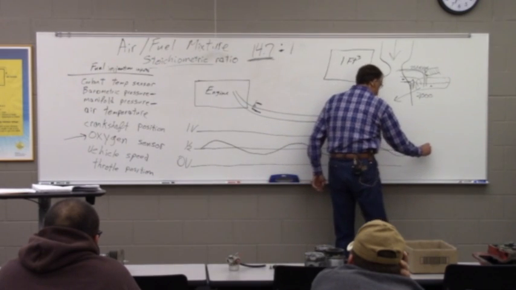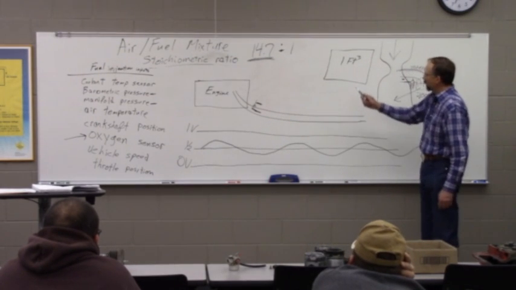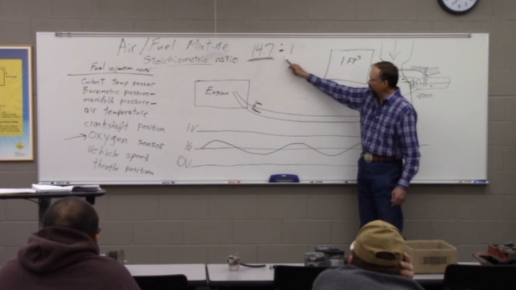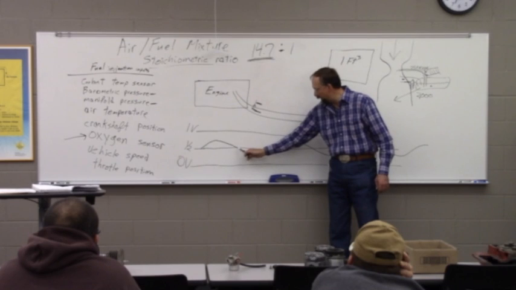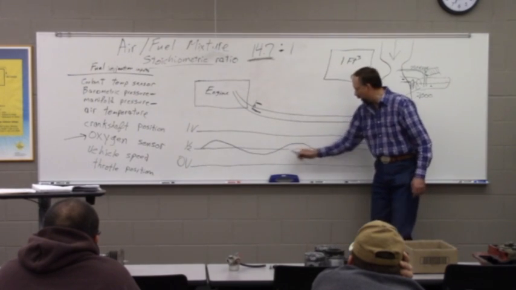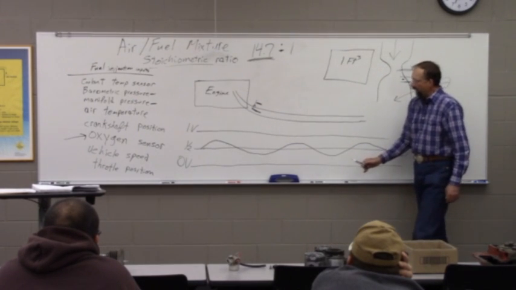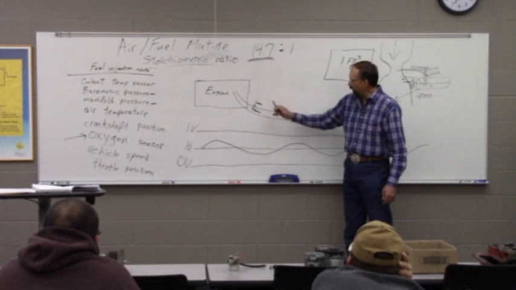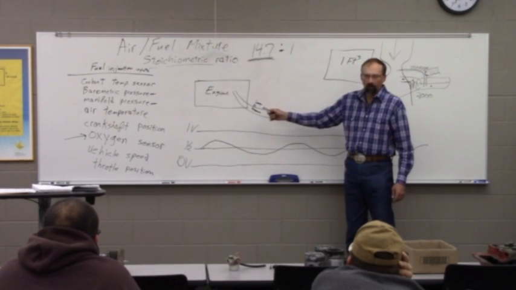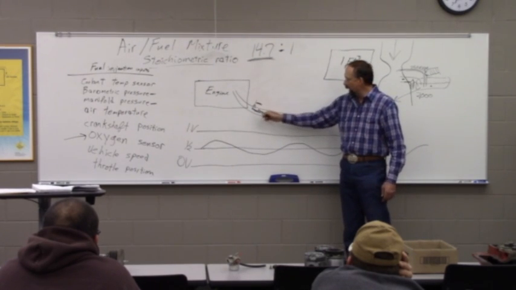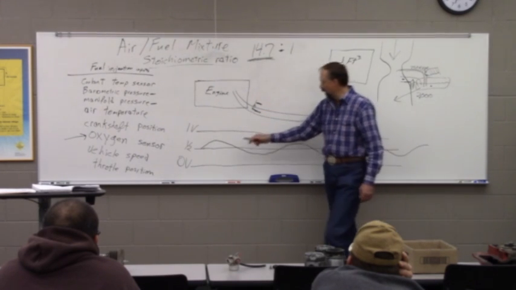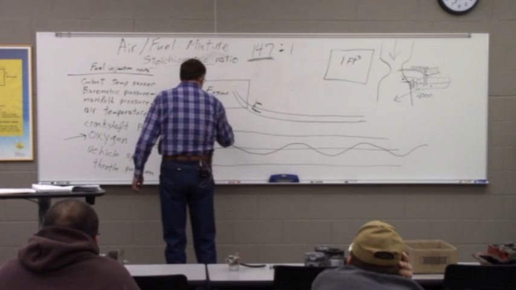And many of the softwares that work to mix our fuel actually look at what's known as cross counts: how many times the signal crosses this half-volt mark. Now, if we're really rich, we've dumped a lot of fuel in there and we're using up all the oxygen, and there's really no oxygen left coming out here, this is going to be right up here.